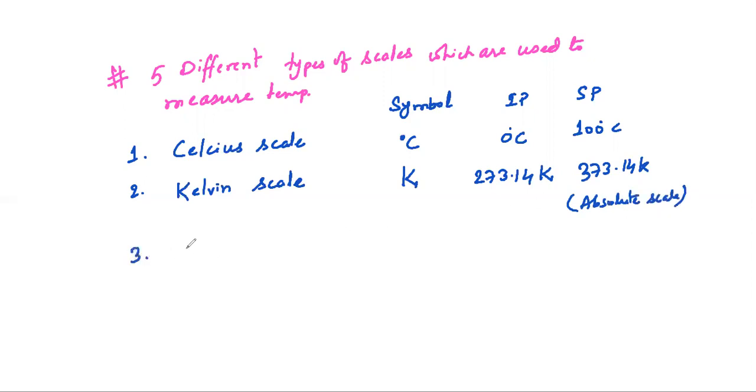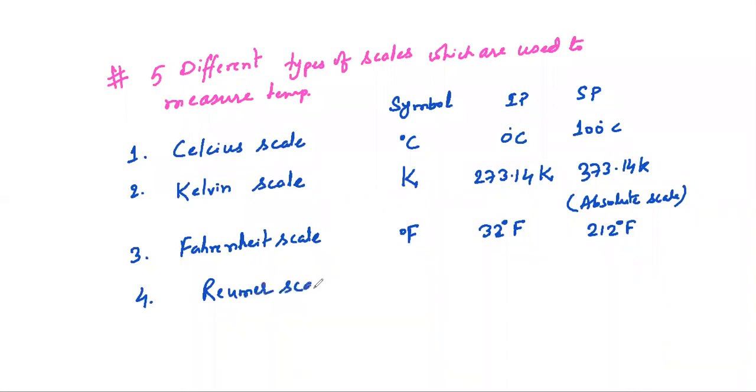The third one is Fahrenheit scale. The symbol is degree Fahrenheit, and the ice point is 32 degree Fahrenheit. The steam point for this is 212 degree. Right? Next one is the Reaumur scale. Okay, we don't use it much now, but it's there. The Reaumur scale is degree R, and for this, the ice point is 0 degree R, and this is 80 degree R. All right?